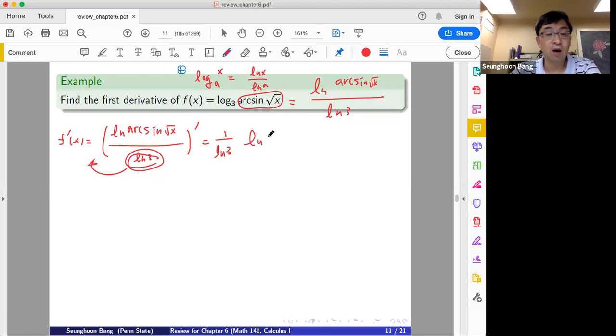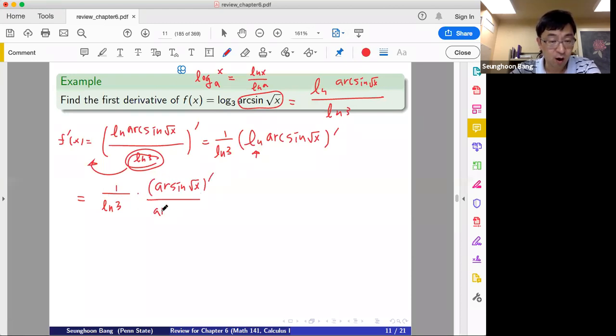This is the same as 1 over ln of 3 times the derivative of ln of arcsine of root x, which is the inner function arcsine of root x prime over arcsine of root x.